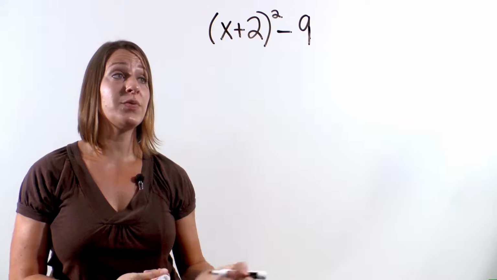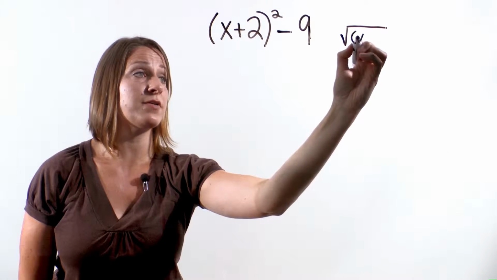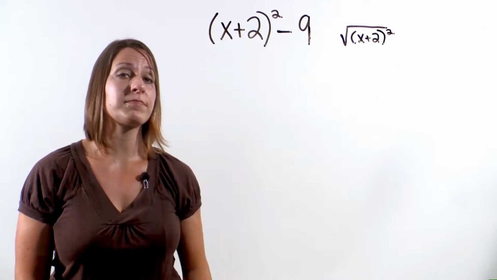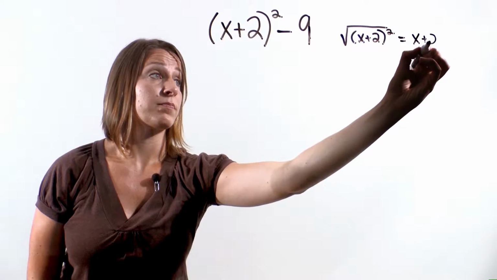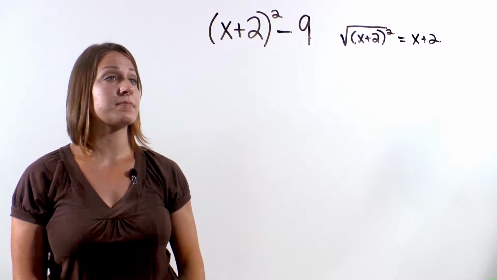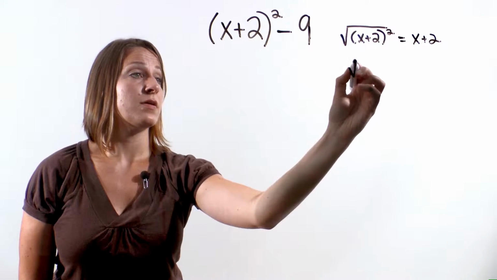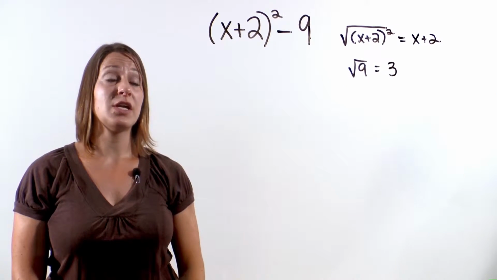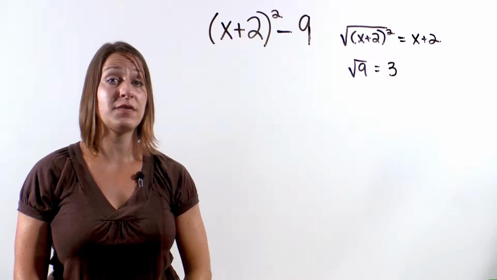Now, if I take the square root of x plus 2 quantity squared, it would actually be x plus 2, which is a perfect square. The square root of 9 is 3. So both of these are perfect squares. So this is a difference of squares.